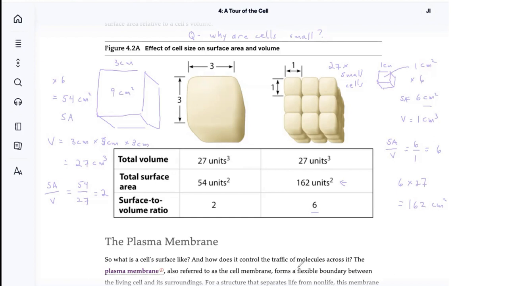It may not be a great answer, but the whole idea is that we're including the concept that surface area to volume ratio is important, and we're maintaining it by keeping cells as small as possible. Okay.